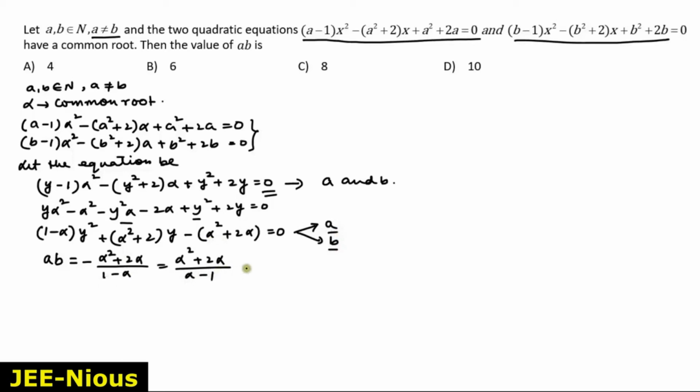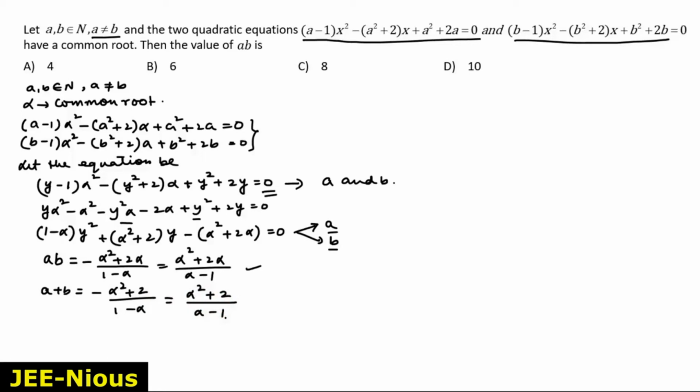Is it clear? Now, a plus b is nothing but the sum of two roots, minus b by a, so it can be written as (alpha square plus 2) divided by (alpha minus 1).